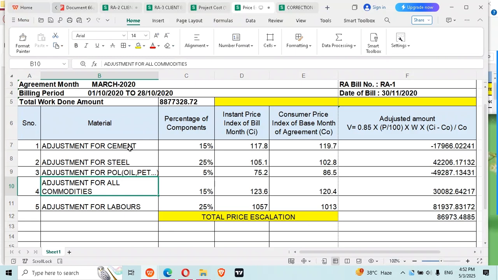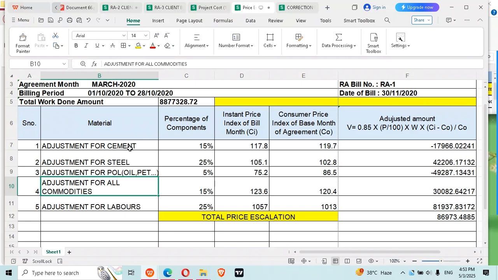One bag of cement is 400 rupees, just suppose, right now in 2025. After 2 or 3 years, the price of one cement bag in 2027 might be 700 rupees. So it might increase, or it is possible it might decrease as well. It might be 300, but we do not know.